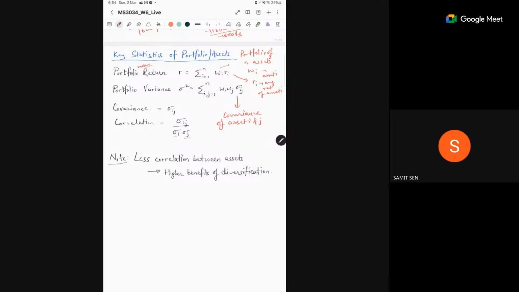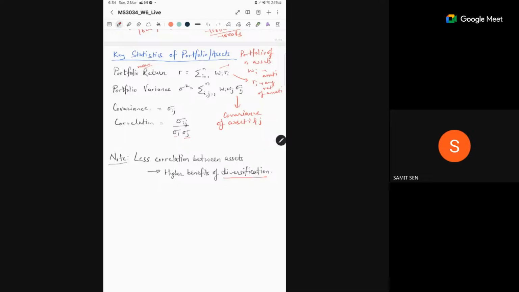And in the lectures, we had an extensive discussion about diversification. What does diversification mean? You include more assets in order to diversify your risk. If you include more assets, then your risk would be less.